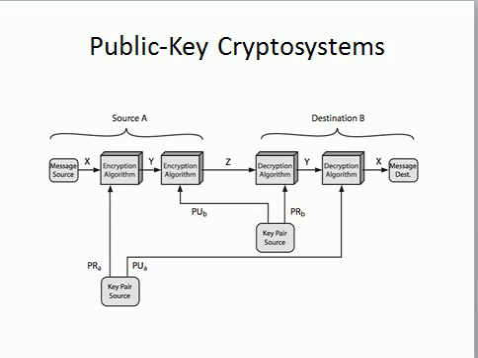At the destination side, the private key of the receiver is used to decrypt the message, and later the public key of the sender is used once again to decrypt the message to get the plain text, which is called X.